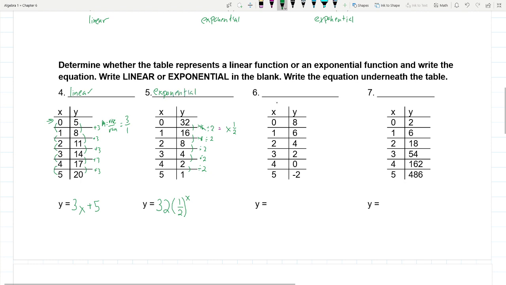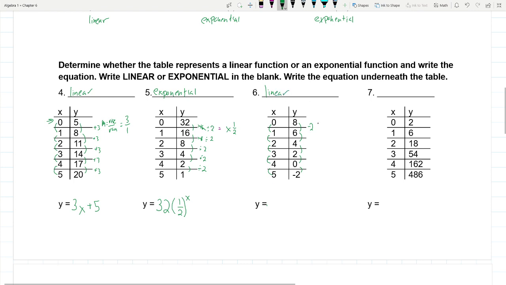Alright, number 6. 8 to 6, looks like subtraction. Subtracting by 2, subtracting by 2. We're subtracting by 2, and changing by 1 each time. Because this is subtracting by 2 each time, that tells me this is linear.